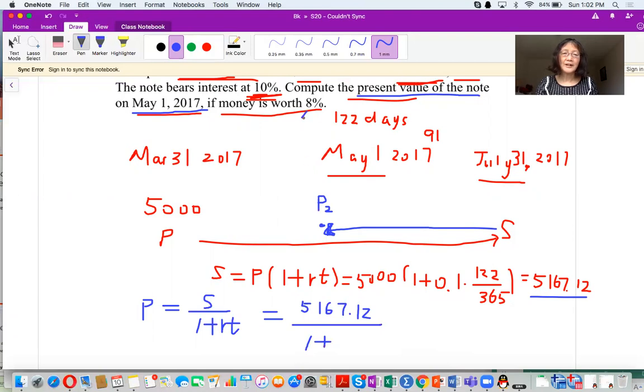R is 8%, so 0.08 multiplied by T. How many days? There are 91 days between May 1st and July 31st. So 91 divided by 365.